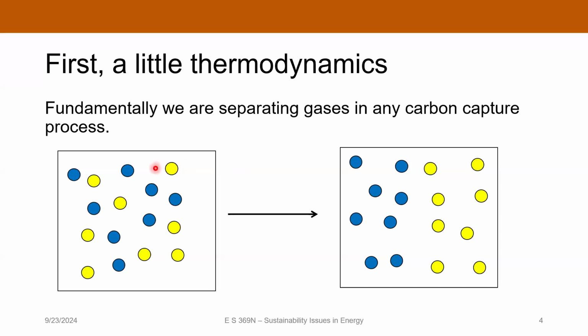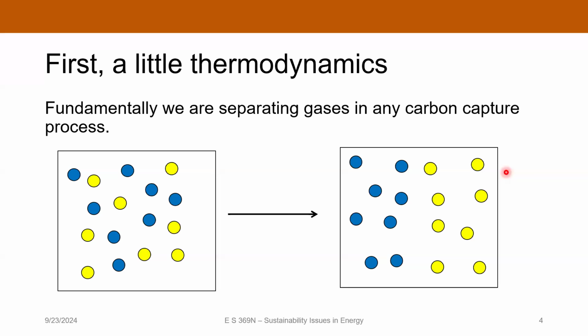And so a really simple way of thinking about this is let's imagine that I've got some mixture of two gases. One of them is blue, one of them is yellow, okay? And so initially they're going to be mixed together, assuming they're completely well mixed, they'll be randomly distributed. And what we're doing is we are changing the distribution of molecules such that we've got one gas here on one side and another gas here on the other side.